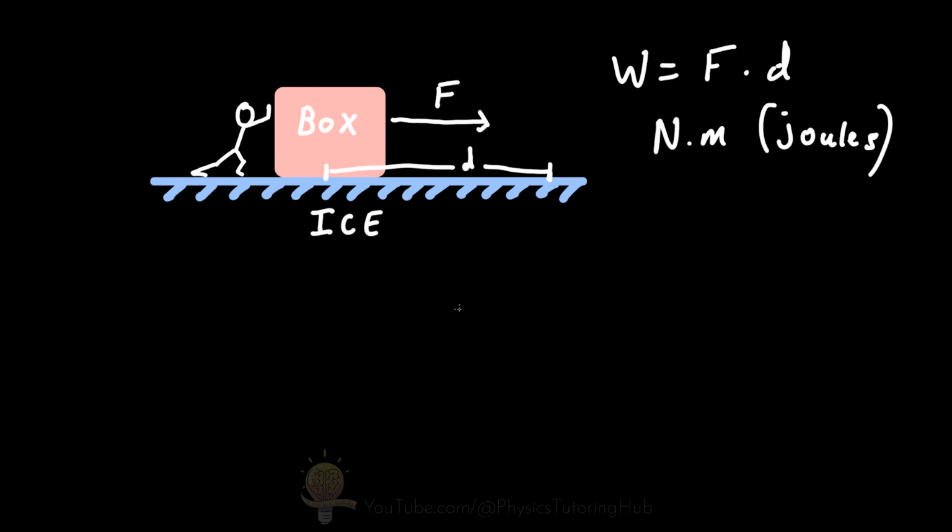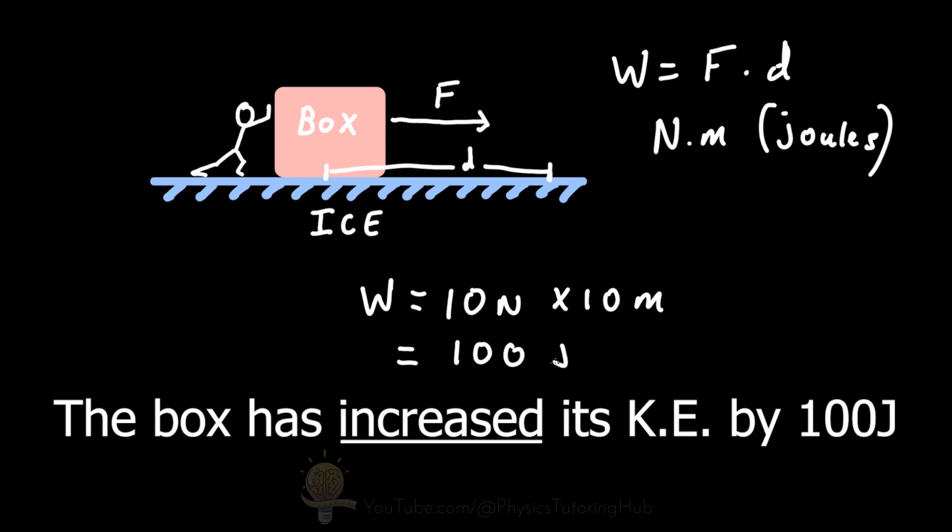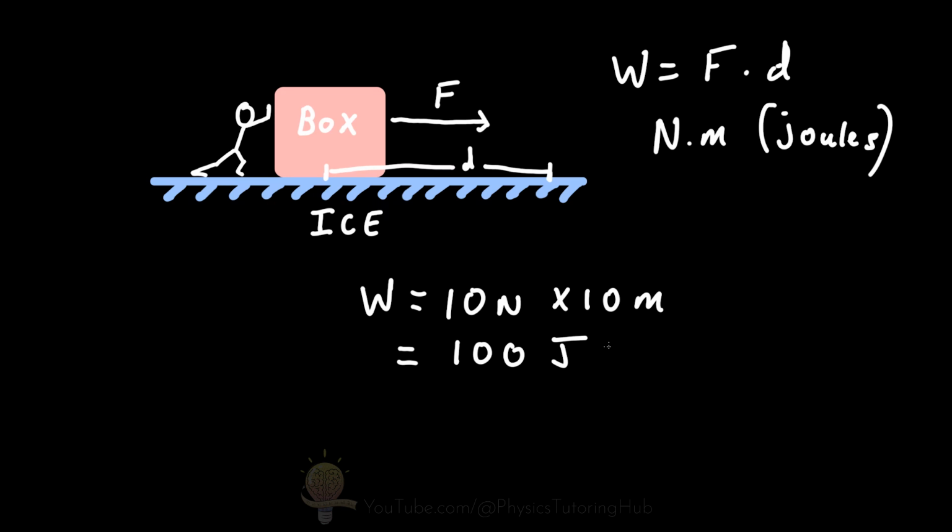If we're pushing this box with a force of 10 newtons, and we do this over a distance of 10 meters, the work done on the box is equal to 100 joules. And this 100 joules is the energy that's been provided to this system, this box here.